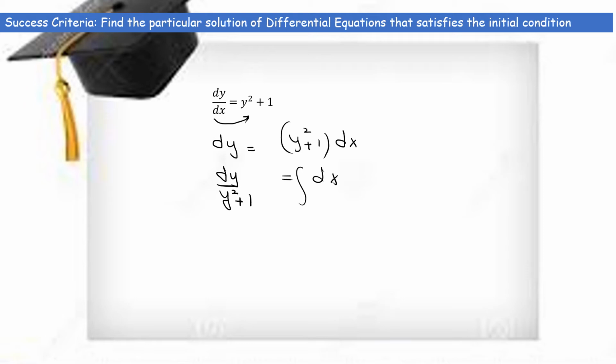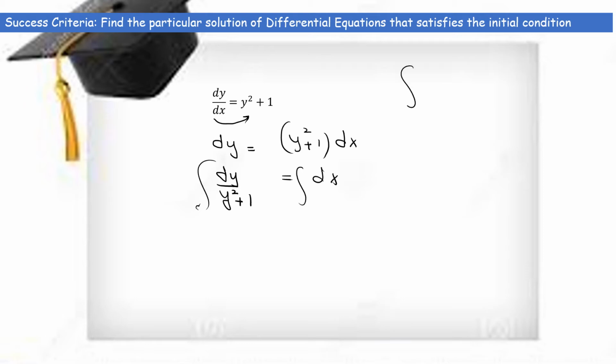One more question. Bring the dx to the other side. So you will get dy equals y square plus 1 times dx. Divide both sides by y square plus 1 because we want the y square plus 1 as a y variable on the left hand side. Integrate it.